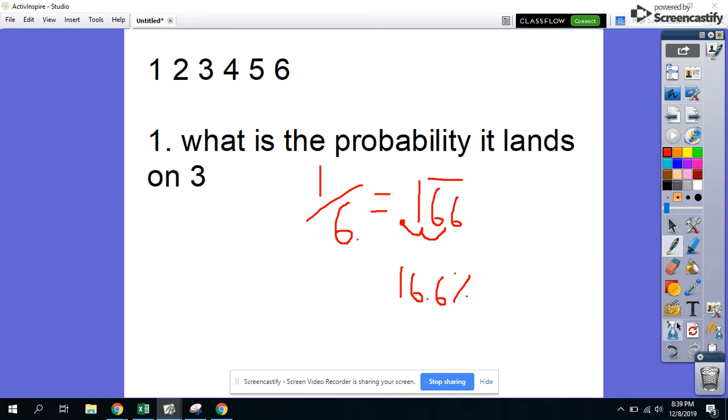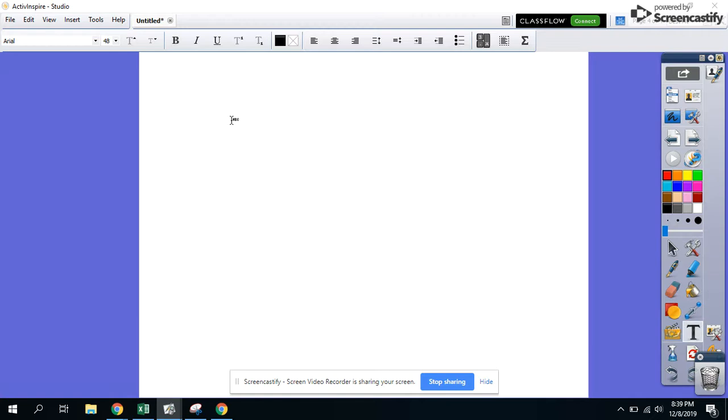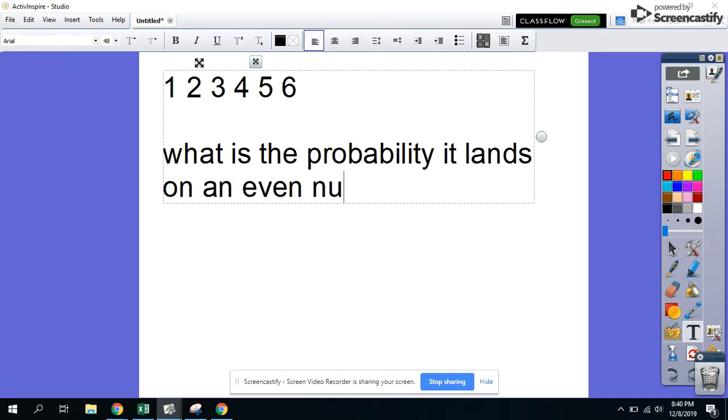Okay. Now there are different ways that this can go. We can make this more complicated. So, for instance, let's go back to the dice thing. Again, there's 1, 2, 3, 4, 5, and 6 are the ways it can go. Let's say I'm asked, what is the probability it lands on an even number? So in this case, we still look at what we have.